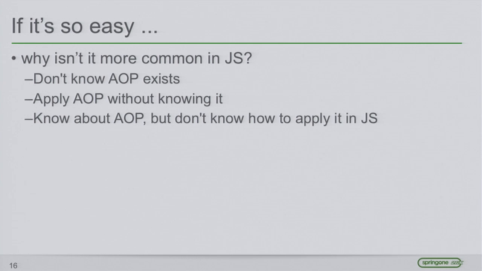And a certain section of the JavaScript community doesn't necessarily have a formal background in engineering. They may be designers, and they may be writing JavaScript because now their clients are demanding it, or they see JavaScript as a way to deliver better results to their clients. So they don't necessarily have a software engineering degree, they don't necessarily have a computer science degree, they haven't necessarily been working on Spring projects for the past 5 years, and so they don't know that AOP exists.